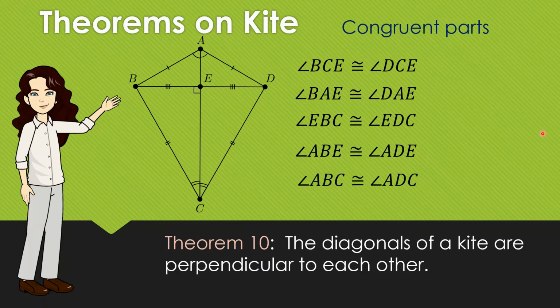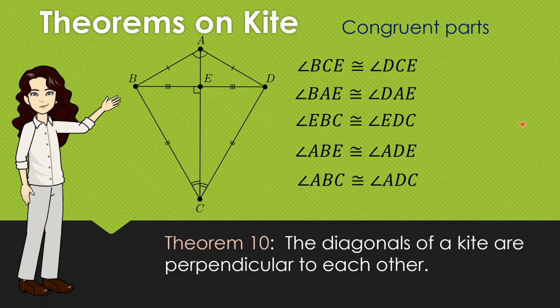The congruent also is angle ABC, meaning the whole angle B is congruent to angle ADC. The whole angle is congruent because this part is congruent to the other part, and this part is congruent to the other part. So when we get the sum, it is also congruent to the other part of the figure.